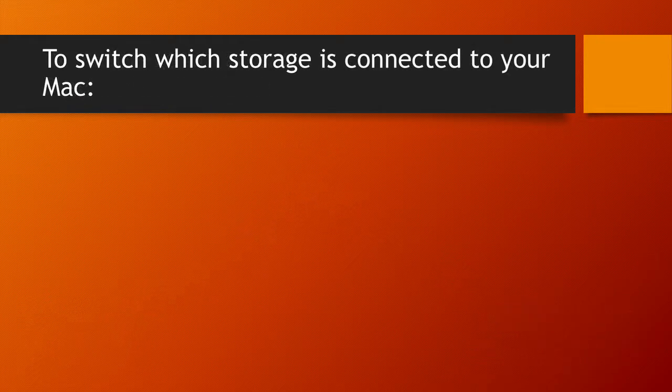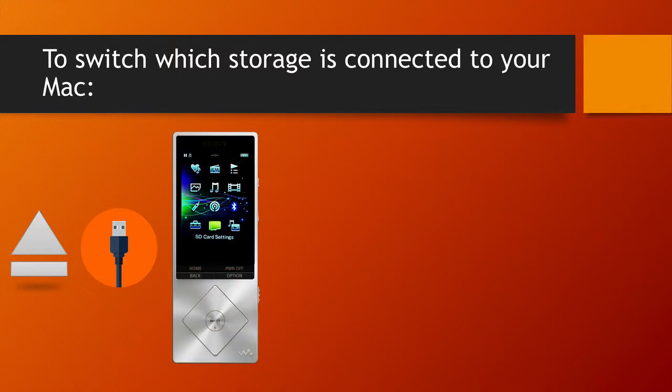So let's talk about how to choose which storage is actually connected to your Mac. In order to do this, the first thing you need to do is eject the DAP. Go into the Finder, drag the DAP icon into the trash to eject the particular drive. Next, you're going to unplug your DAP so that you get access to the DAP controls of the Sony. You'll then go to the SD card settings.